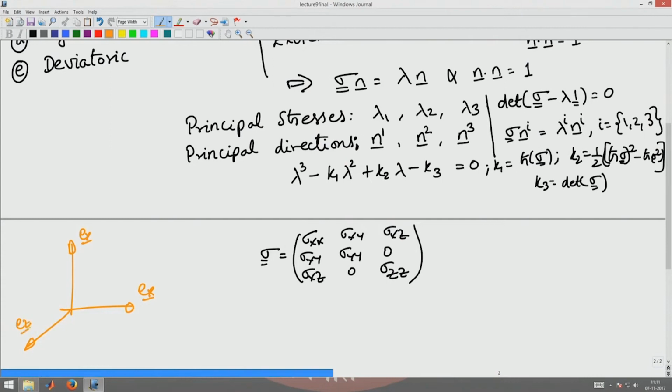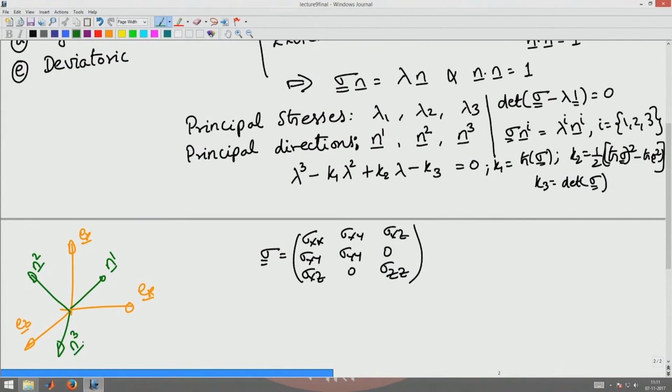In this coordinate system, this was the representation for the stress. Now, what I can do is change the coordinate system and write the same stress tensor in the coordinate system given by n1, n2, n3, the principal directions.